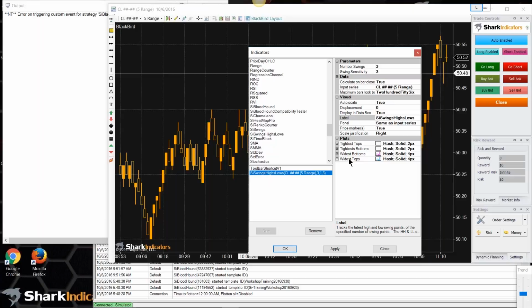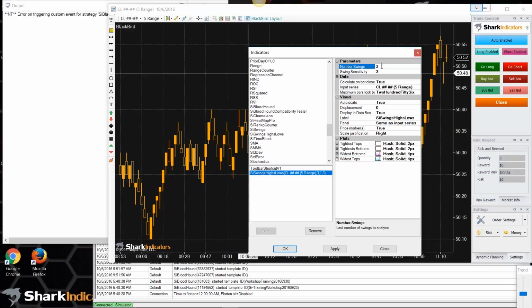So what we're going to see is the widest tops and the widest bottoms. So the widest tops represents the highest high. And the widest bottoms represents the lowest low within the known swing points, right?